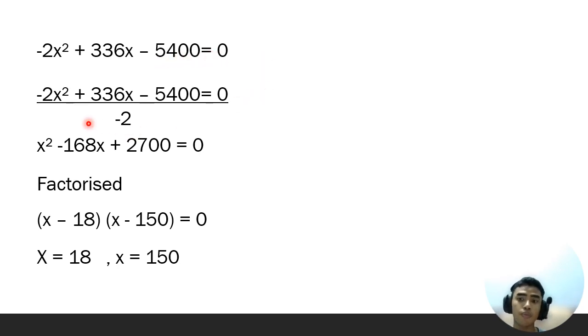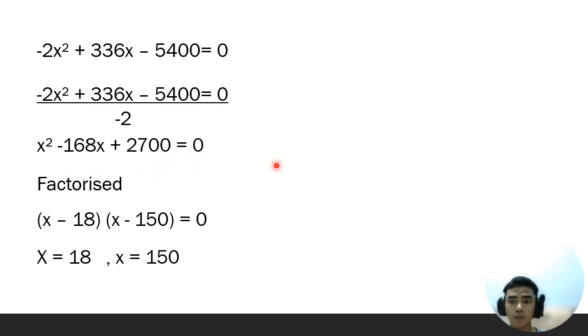So we're going to simplify that to leave x squared alone. We divide all of that by negative 2, because we want x squared to be alone: x squared minus 168x, after 336 divided by negative 2, and also negative 5,400 is going to be 2,700 after divided by negative 2, equals 0.